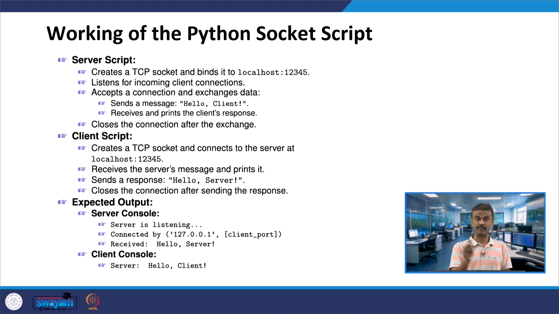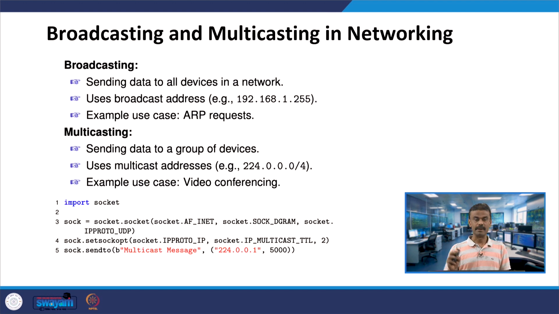We have tested both, and looking at the server console and the client console, we got the said output. This output we saw in both consoles. I hope it is clear now.